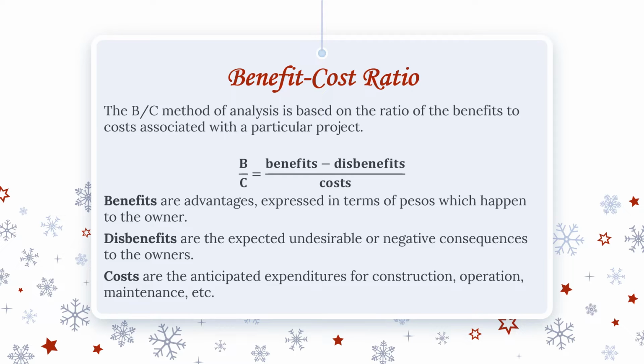For example, in the given problem, your benefits are annual, your disbenefits are annual, and your cost is present worth. Therefore, you have to convert either the benefits or the disbenefits into the present, or the cost into the future, so that they have the same timeline in your cash flow.